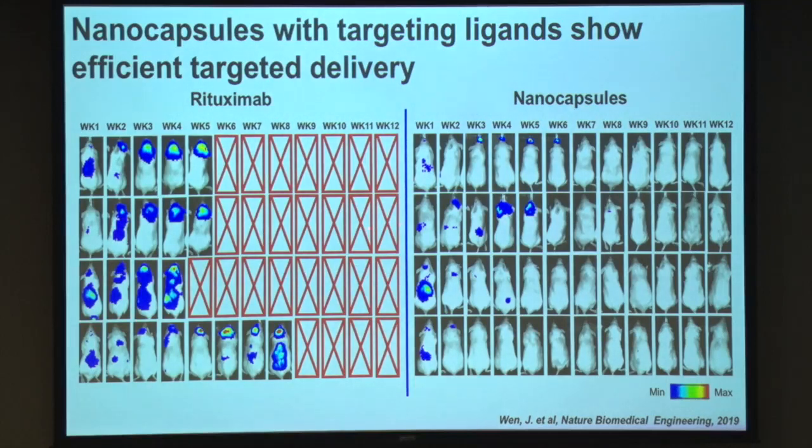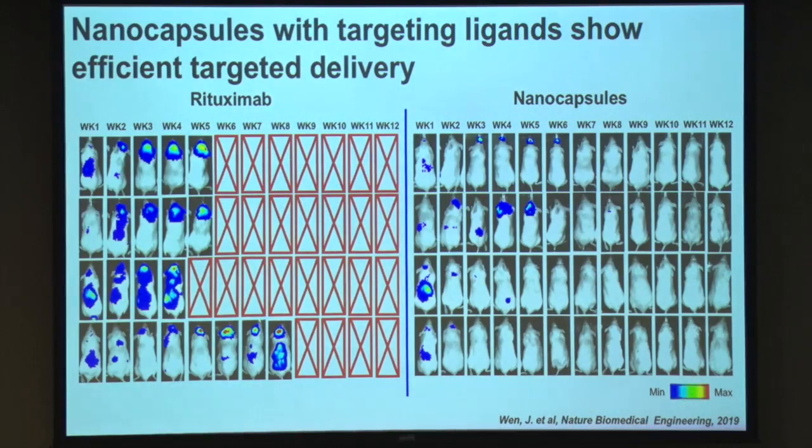Compared to the naive treated group, you can see the antibody plays a very good function in the body, but not the brain. All the mice in this group have very heavy tumor burden inside the brain because of the limitation of delivery into the brain.